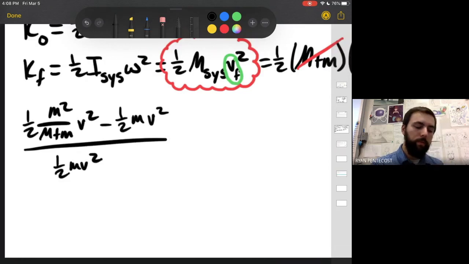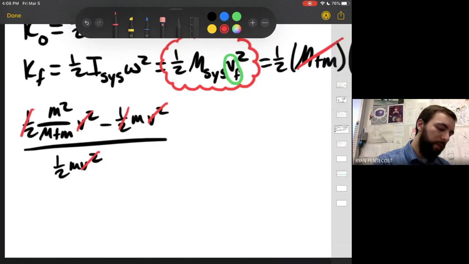Okay? Now, dividing by 1/2 mv squared allows us to cancel out those v's and the 1/2s, but we can't just get rid of one of the masses because of the fraction there, and because of the subtraction.